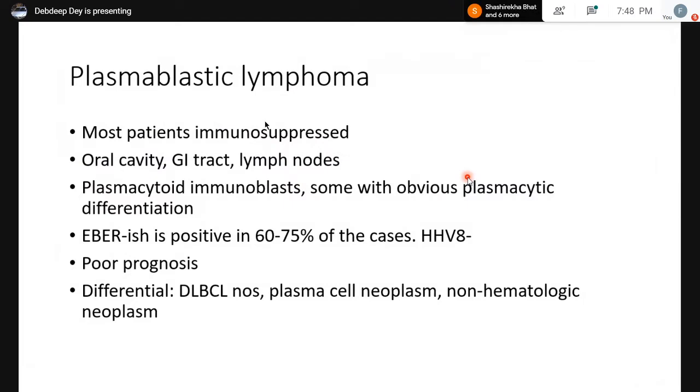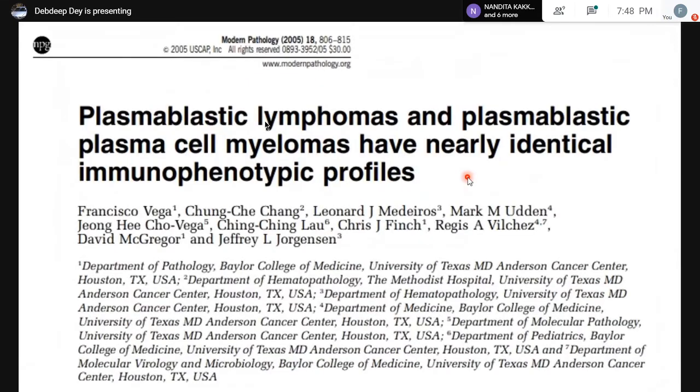The important thing is the differential diagnoses: a DLBCL with plasmacytic differentiation, a plasma cell neoplasm, and non-hematologic neoplasms. Now, this is a very old paper from 2005. It drives home the point that plasmablastic lymphoma and plasmablastic plasma cell myeloma have nearly identical immunophenotypic profiles, and it is only EBER that is able to differentiate between the two.